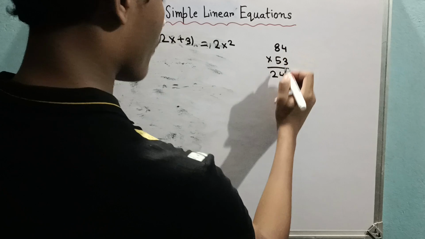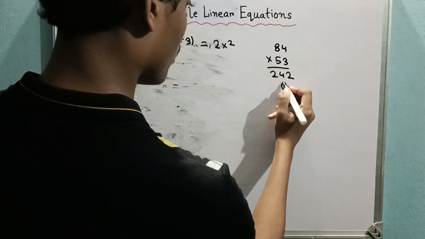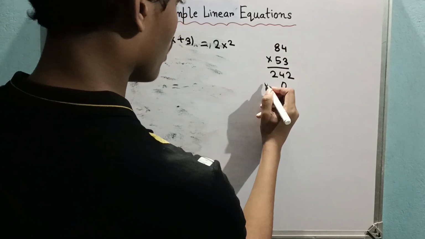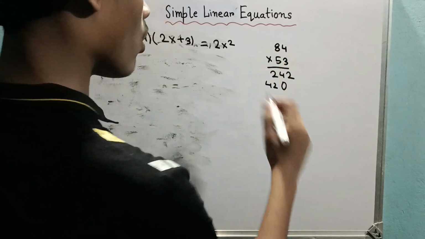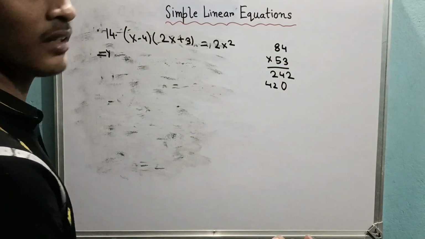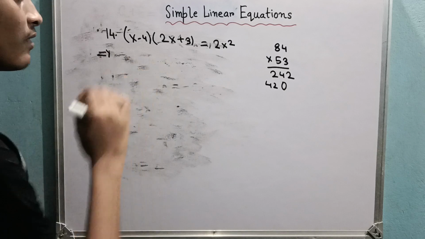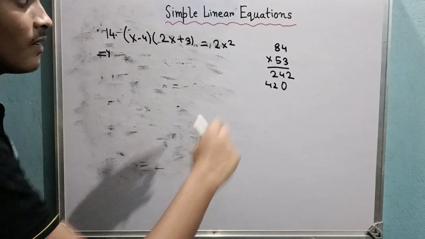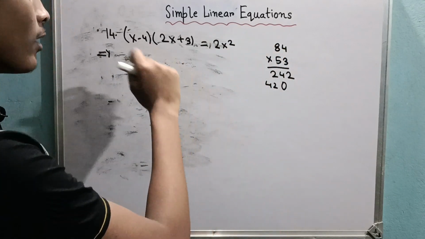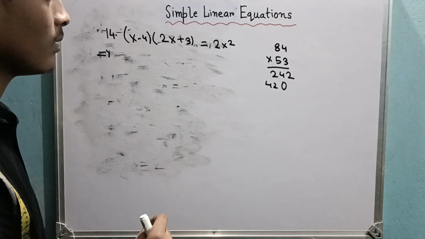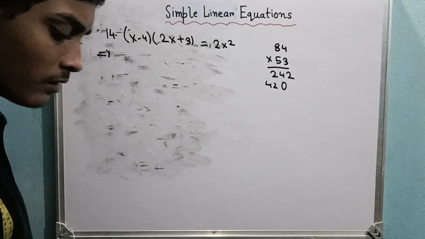And here 5 into 4, 20, and so on. So all the terms get multiplied by each other. So here also that is the category. It is a binomial constant and it is a binomial expression. Nothing more is the difference.